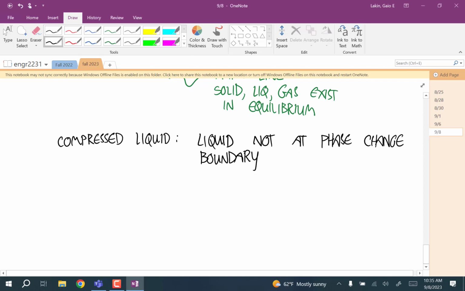A saturated liquid is a liquid at the phase change boundary.